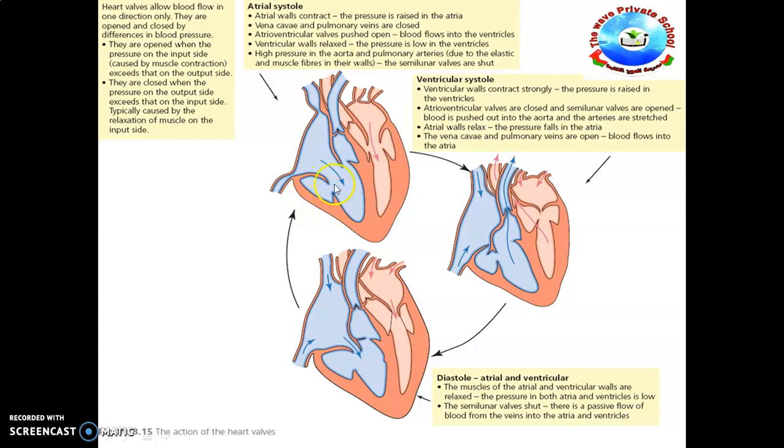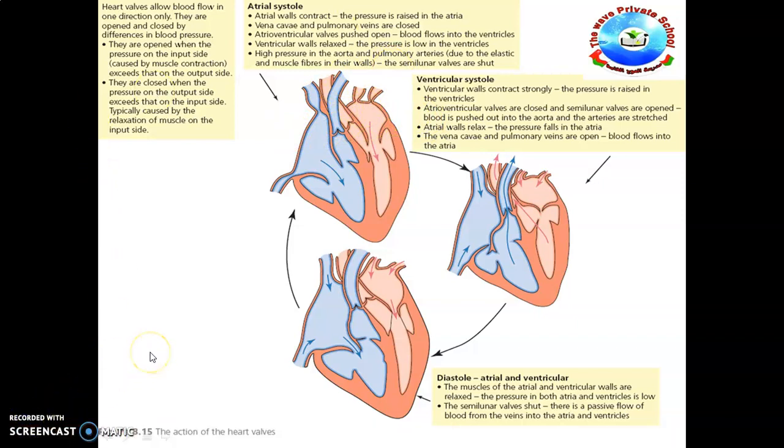When the blood is coming into the ventricles by the AV valves, both the left and right ventricles are in the relaxed position. That means the pressure is low in the ventricles. The semilunar valves are closed because of the high pressure in the aorta and pulmonary arteries, due to the elastic and muscle fibers in their walls.